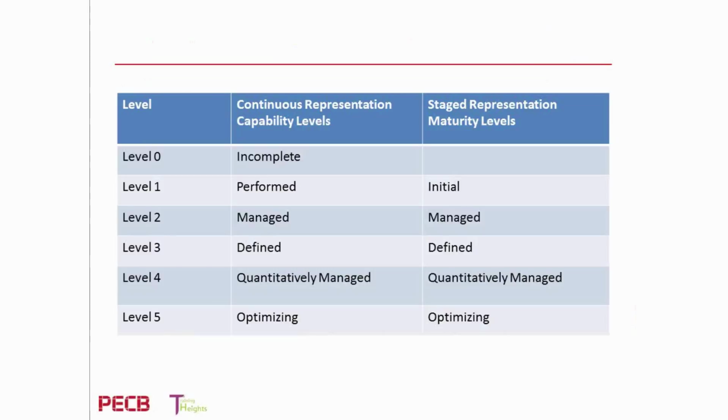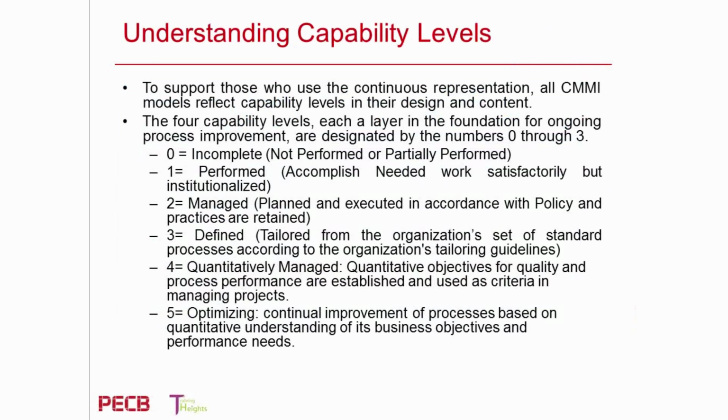So understanding capability levels, as I said, it's for continuous representation, and it looks at it primarily from an internal perspective. It starts from incomplete, performed, managed, defined, quantitatively managed, and optimized. So this is what we mean by capability levels.